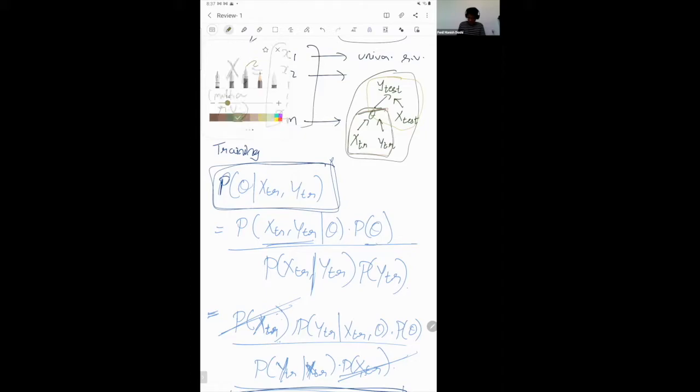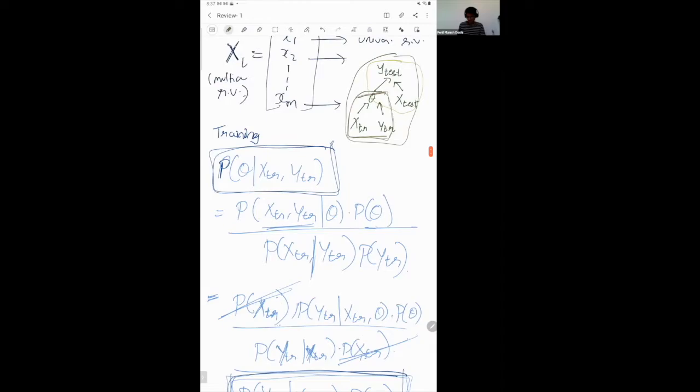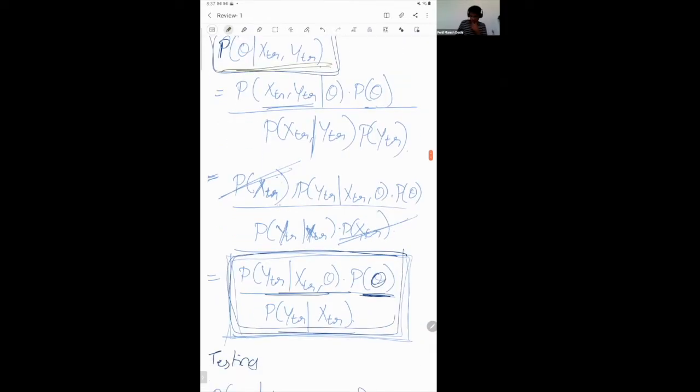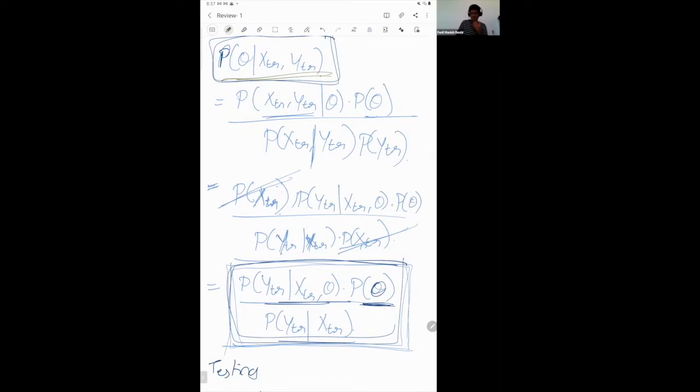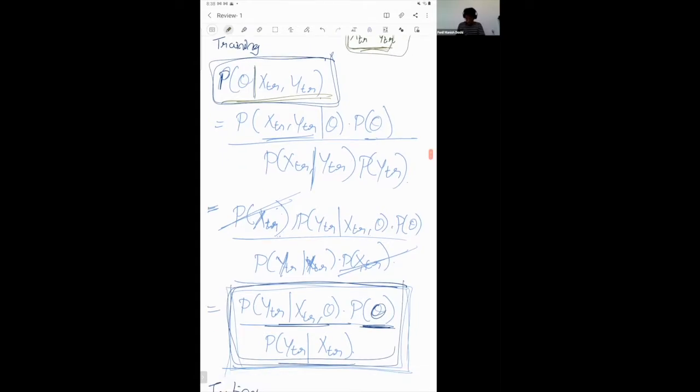As mentioned, in training we want the probability of theta given X train and Y train. So that's what we are after. Whenever you see conditional probabilities, one thing that helps me is, if you see a formula like this, just discard everything that's already given, that is constant throughout the equation. I'll give you an example of that in testing.